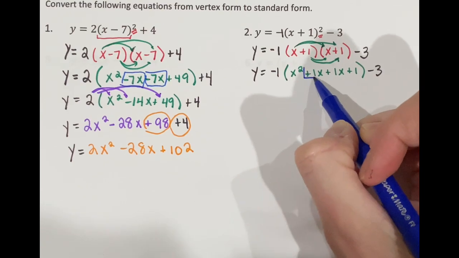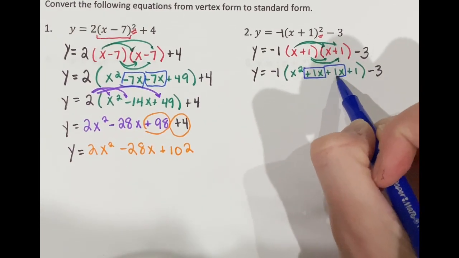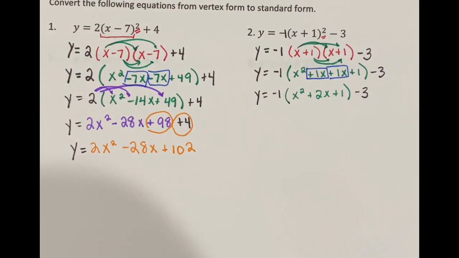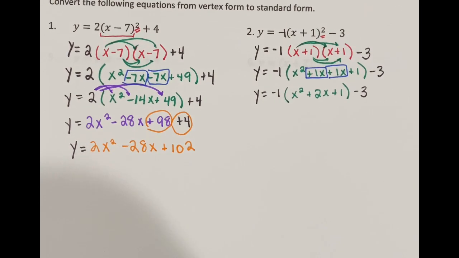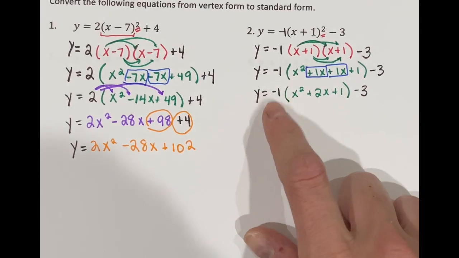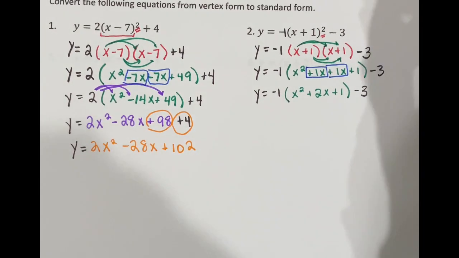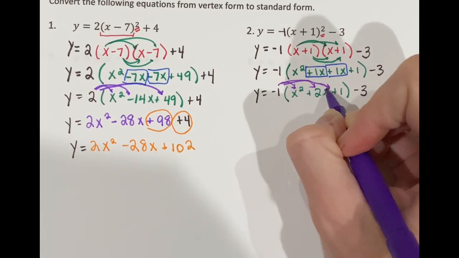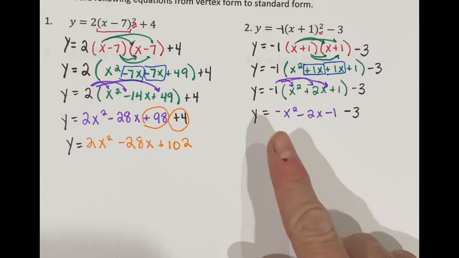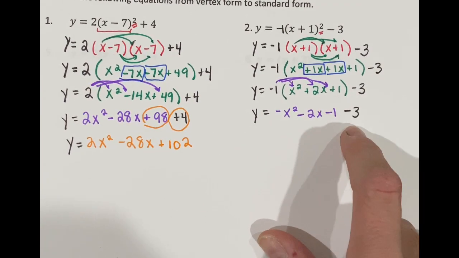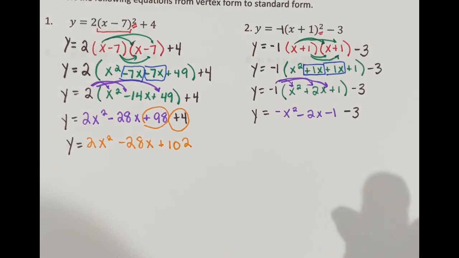So I'm going to combine the 1x and the 1x. So I get y equals negative 1 parentheses x squared plus 2x plus 1, close the parentheses, don't forget about that minus 3. Then I still have that negative 1 in front, so I need to distribute that to each of the terms in my parentheses. So then I end up with y equals negative x squared minus 2x minus 1, and don't forget about that minus 3 on the outside.